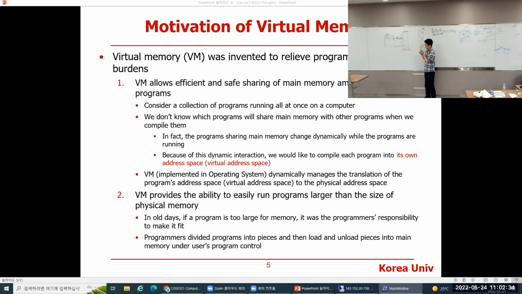To execute task 2, what do you have to do? Probably you have some empty area in main memory. So probably your choice is 16 kilobytes. Why don't you place the 16 kilobytes here?